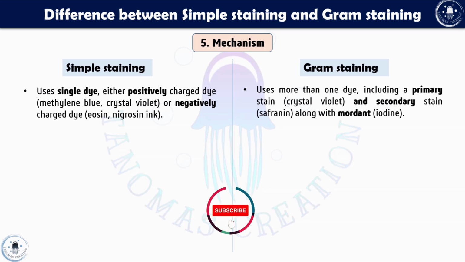Whereas in gram staining, more than one type of dye is used. A primary stain is used, a secondary stain is used, and again a mordant is used for proper interaction. So because of the usage of more than one type of stain, we can see different types of bacteria having retained different dye colors. Okay, so this is the difference in mechanism.